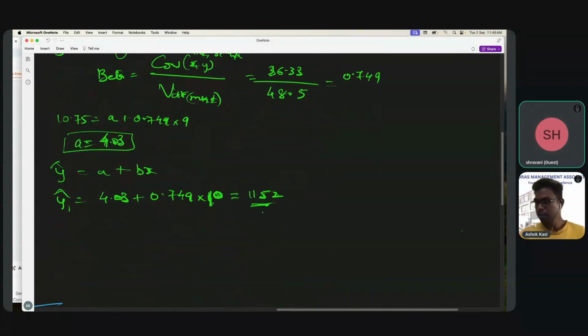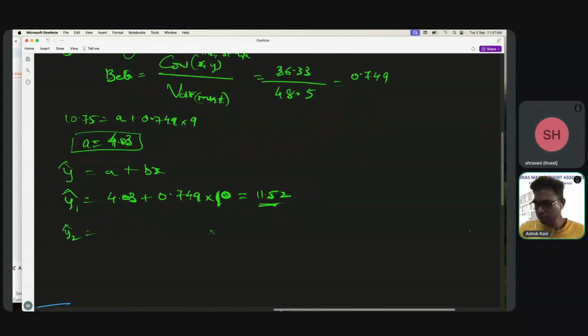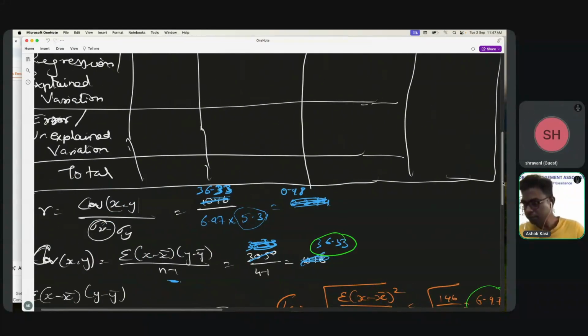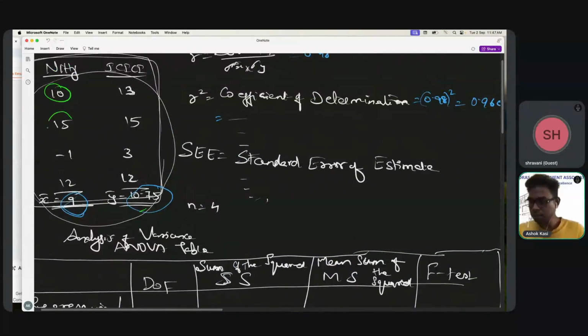So this is 11.52. Now, the predicted value for x2. What is the value of x2? 15. X2 is 15, right? Yes, x2 is 15.